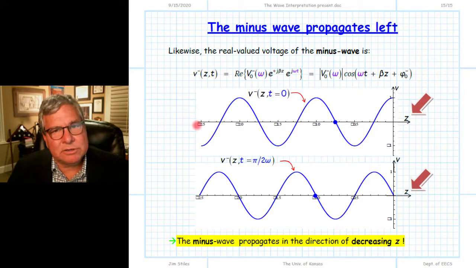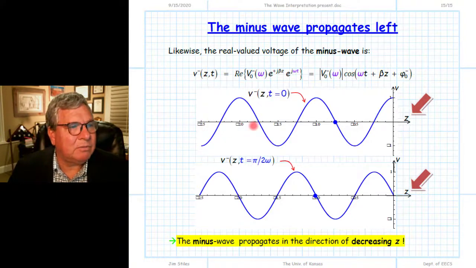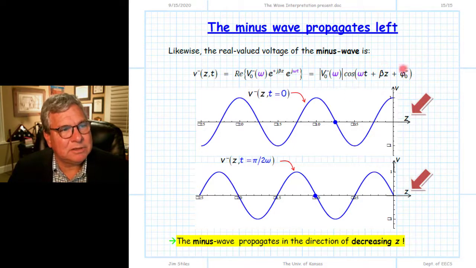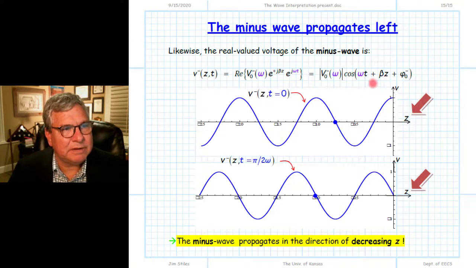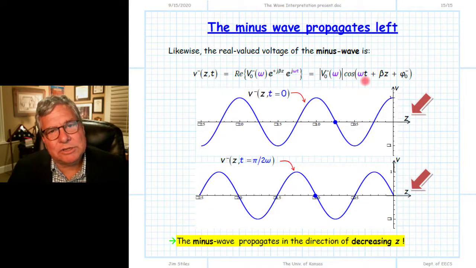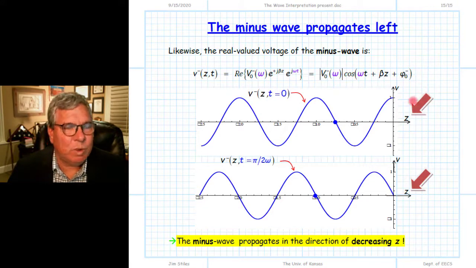One of the interesting questions about all this is, what is the velocity of propagation? And we can go through and do a little calculus, take a derivative, and try to figure out from this the derivative of position, the derivative of z with respect to t. And when we do that, we end up with a result which is very simple. It is the ratio of omega to the value beta. The ratio of omega to beta is the velocity at which the electromagnetic wave is propagating.